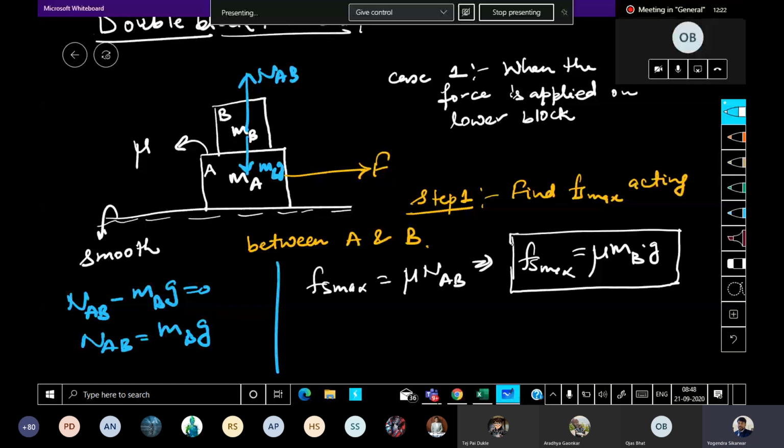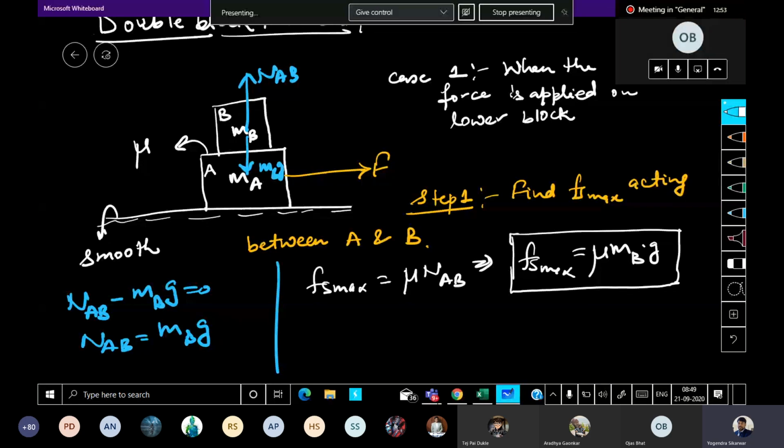Now pay attention everyone. Using this Fs max, we need to find how much will be the acceleration of the upper block. Listen very carefully. See, the lower block is being pulled by the force. So as the lower block is pulled by the force, it can move with any acceleration.